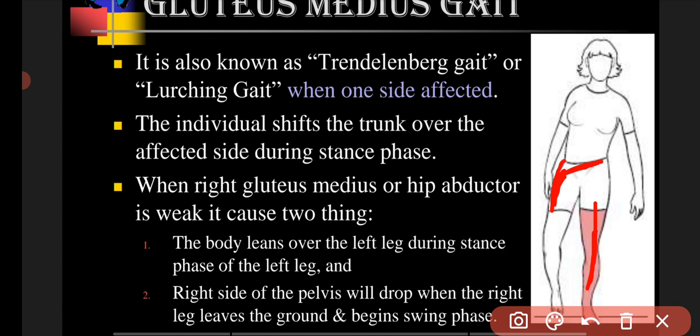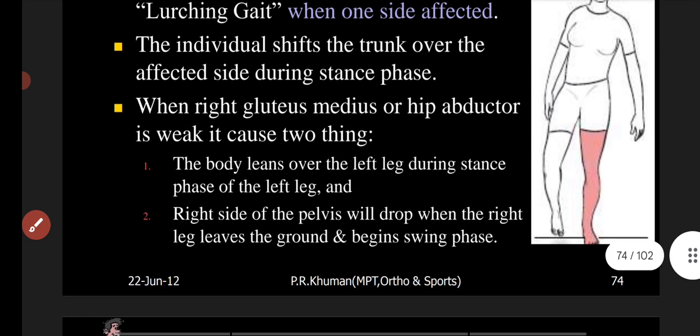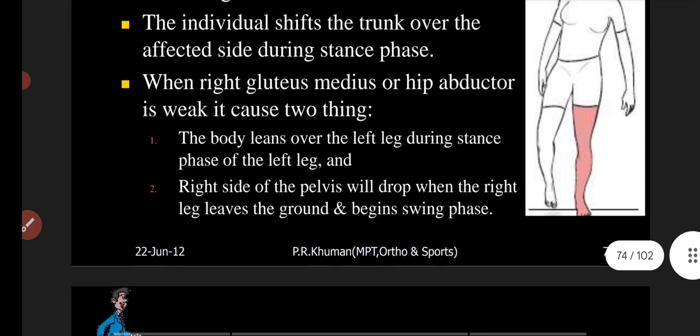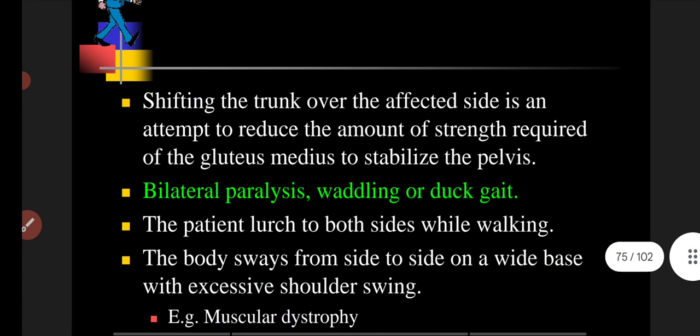The trunk will shift towards the left side, the body will lean towards the left side, and the right-sided pelvis will drop towards the affected side. Okay. This shifting of the trunk over the affected side is an attempt to reduce the amount of strength required of the gluteus medius to stabilize the pelvis.